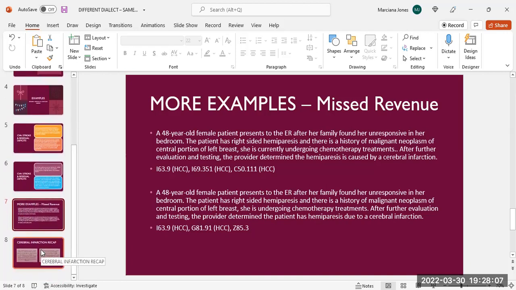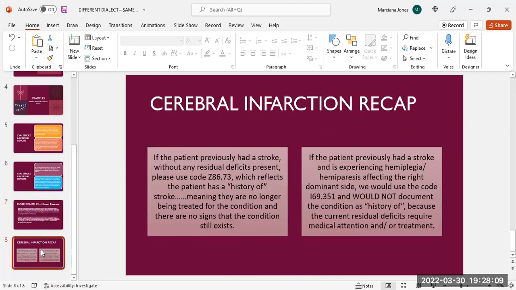So let's recap. If the patient previously had a stroke and they don't have any residual deficits present, then you're going to use Z86.73, which reflects the patient has a history of stroke, meaning they are no longer being treated for the condition and there are no signs that the condition still exists.